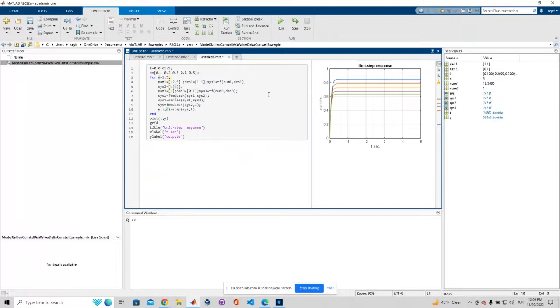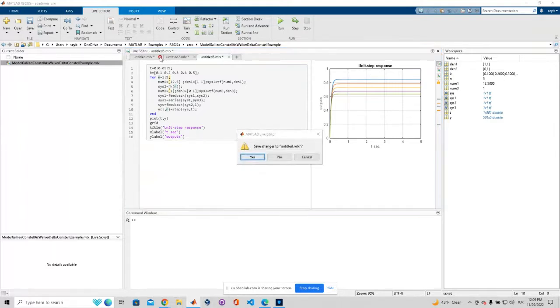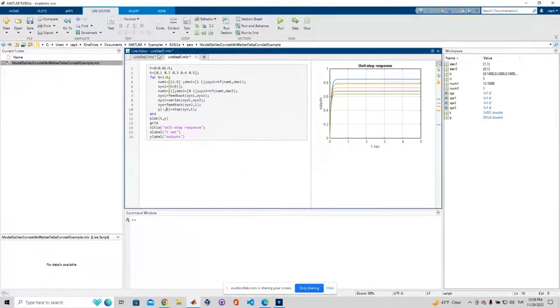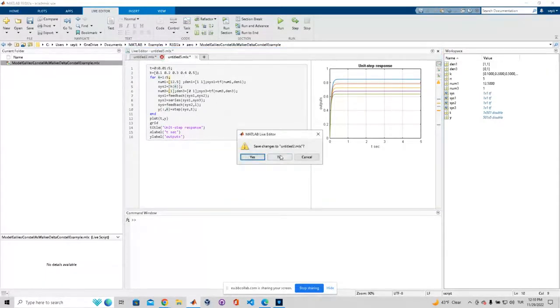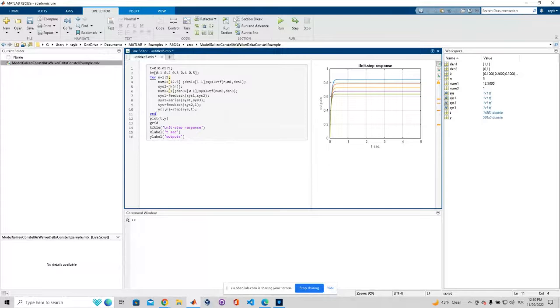As you can see, this is our unit step response. Let's close this one. This is our unit step response with our feedbacks from 1 to 5.